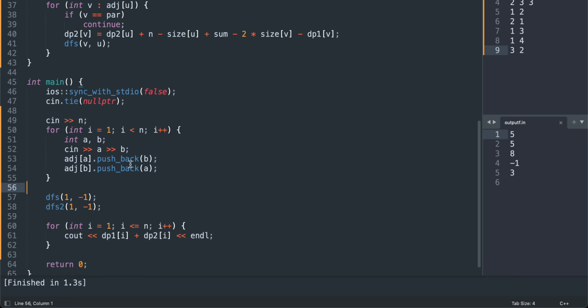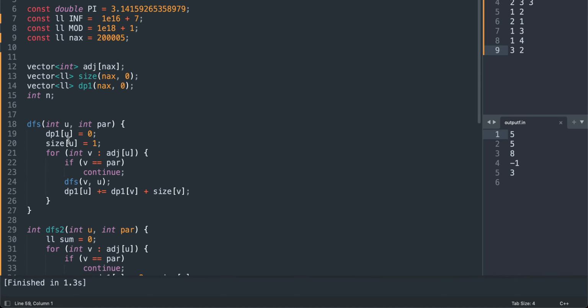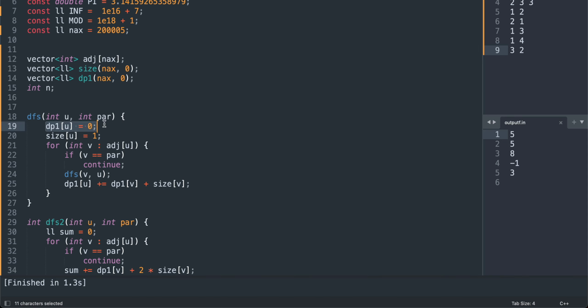I'm reading A pushback B, B pushback A, dfs 1 on 1, minus 1 parent, and this. So first one is calculating the dp1 value. So dp1 of a leaf is 0, and size is 1. Go to all the children and call on the children, and the children's values I know, so I can update the parent's value.